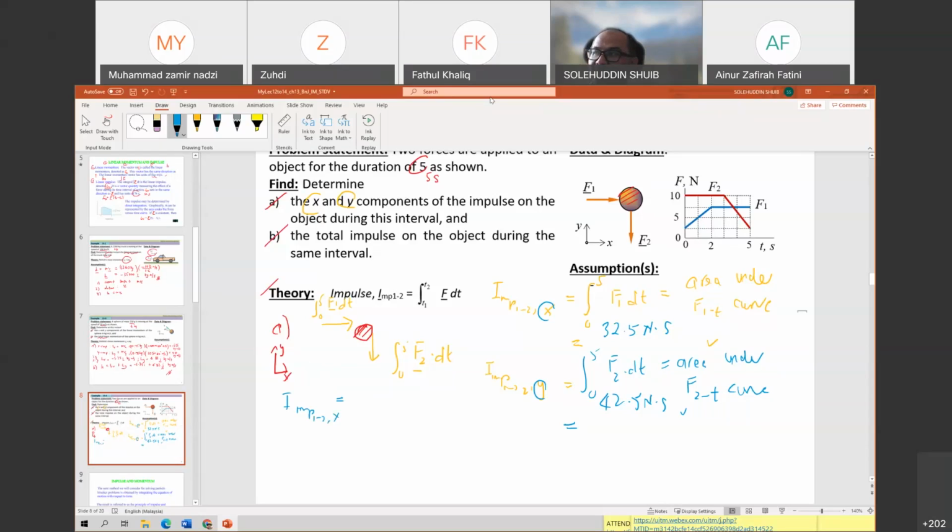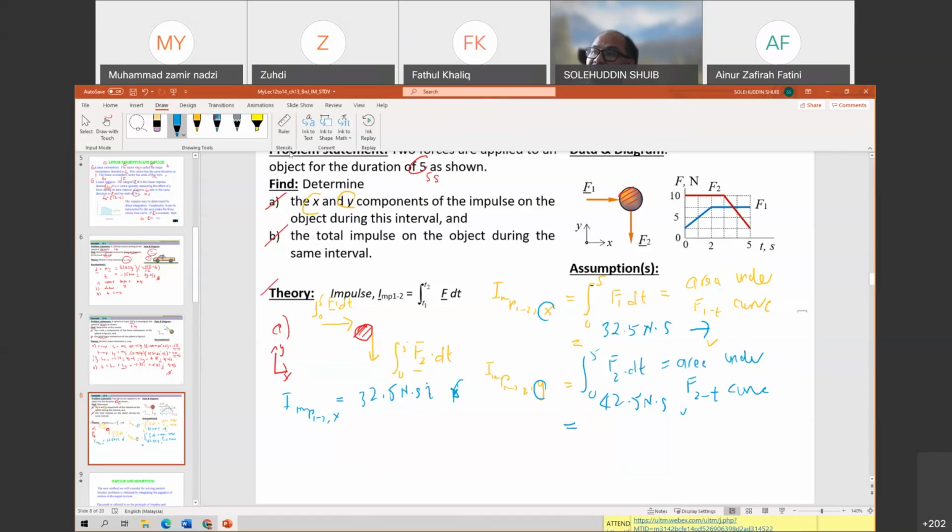So you're going to get 32.5 Newton second. Is this plus or minus for impulse in the x direction? It is going to the right, right? So this is positive, so I Newton second.